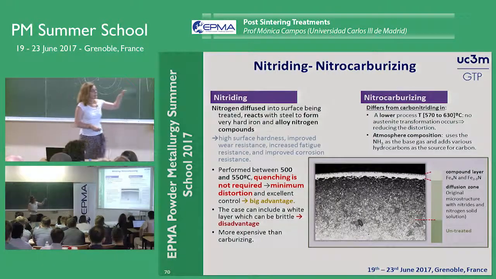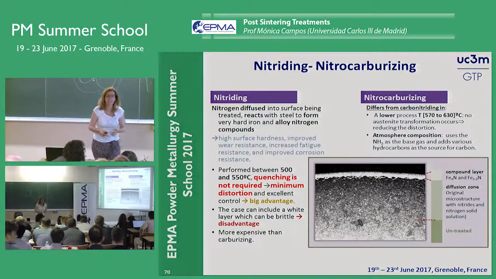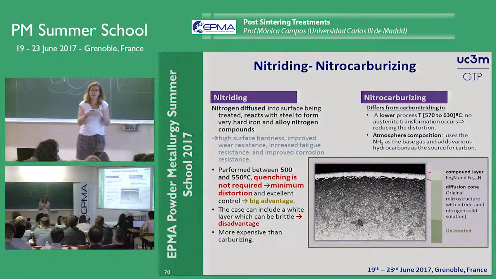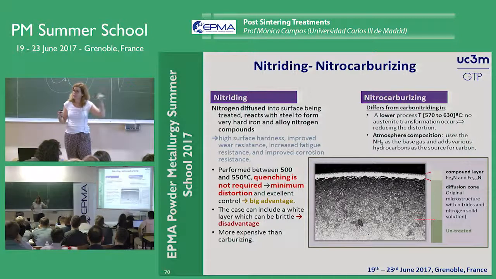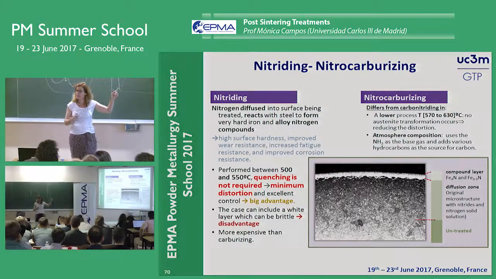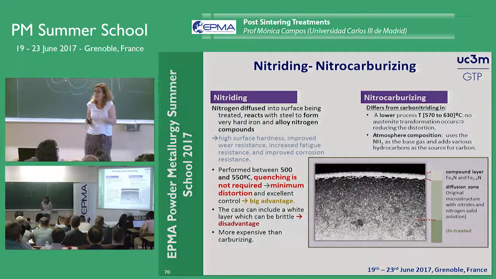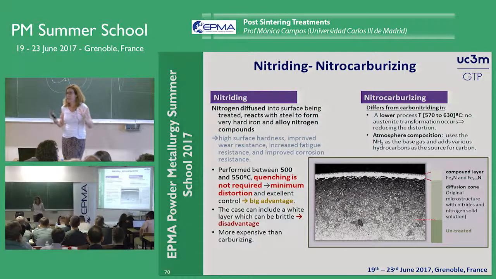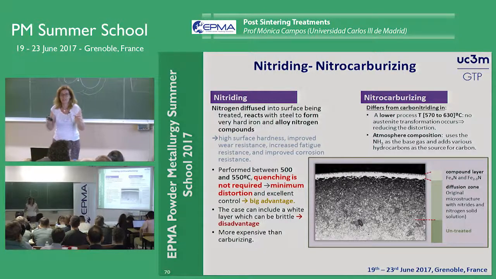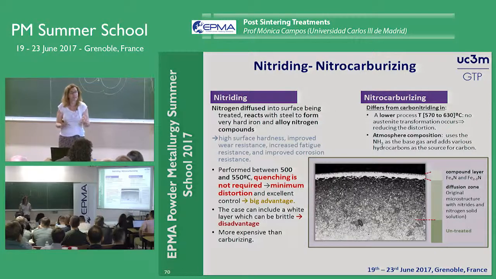Well, I said, what happens if I enrich the surface with elements other than carbon? Nitrogen, nitriding, nitrocarburizing. In that case, the temperature is just 500, 600 degrees. The level of distortion here is much less than in the case of carburizing. That is very attractive.